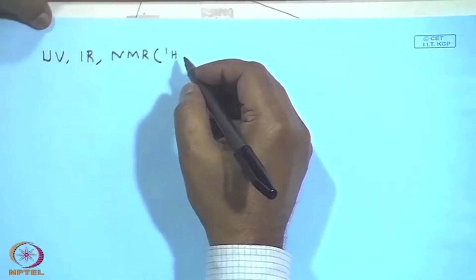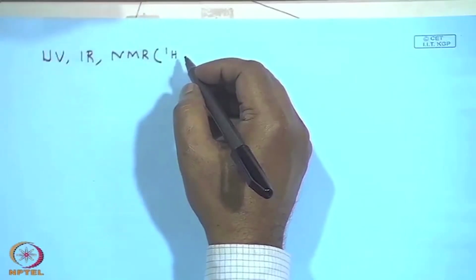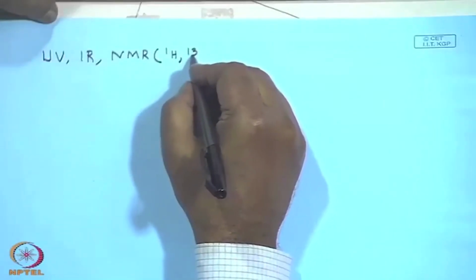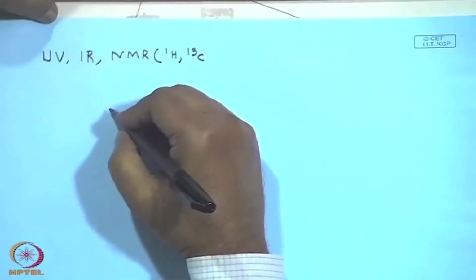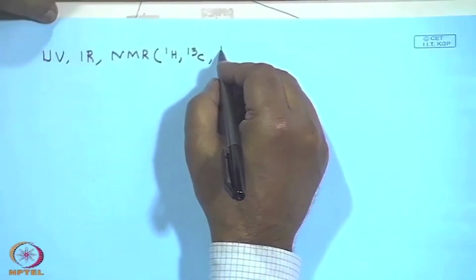There are plenty now. About 40 different nuclei are regularly investigated to find out the structure, maybe more, including silicon, iron, cobalt, tin, indium, boron, all these. But commonly in heterocyclic chemistry we will be dealing with proton, carbon and fluorine.